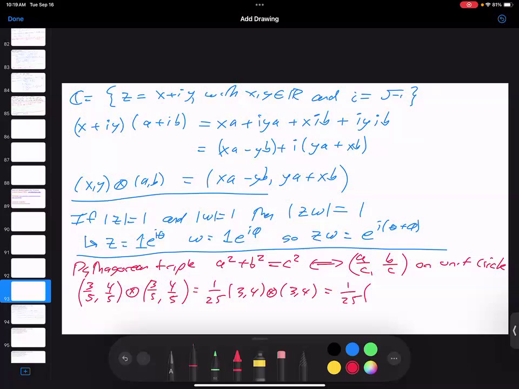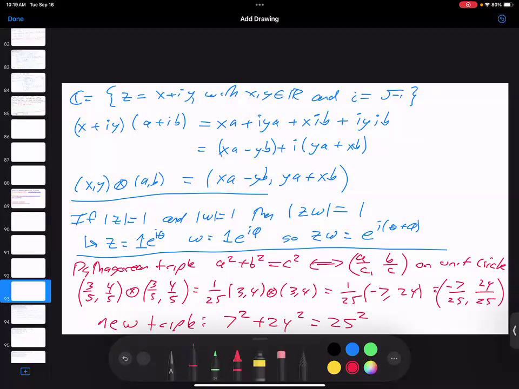Yeah. And the second component is going to be 12 plus 12 is 24. So that's going to be -7/25, 24/25. So we get a new triple. 7 squared plus 24 squared is 25 squared. We just generated a completely new Pythagorean triple just by knowing the triple 3, 4, 5.